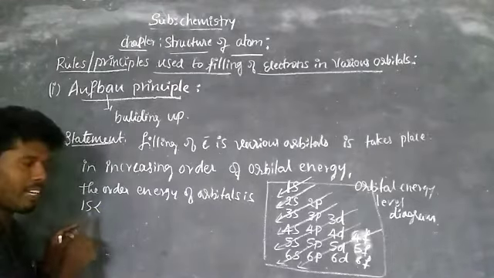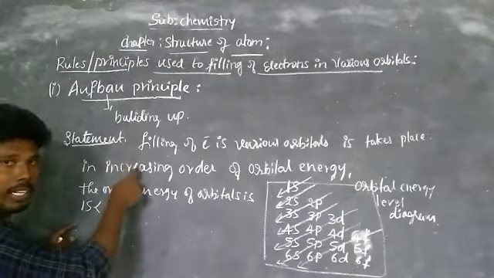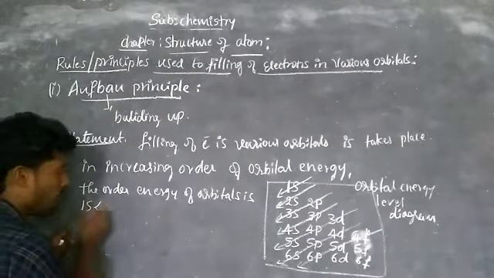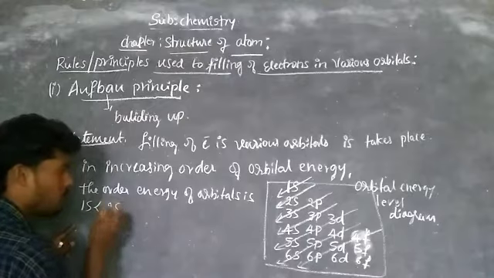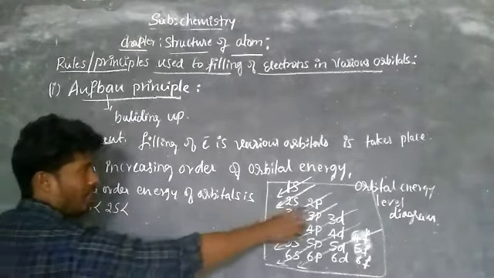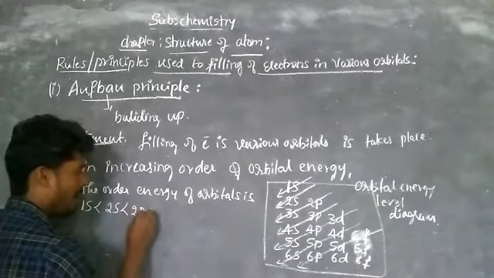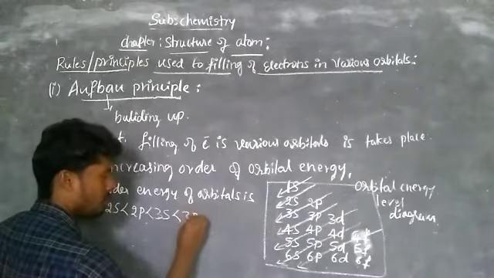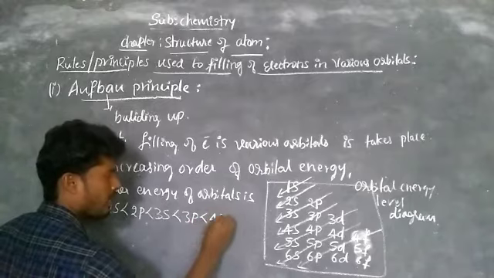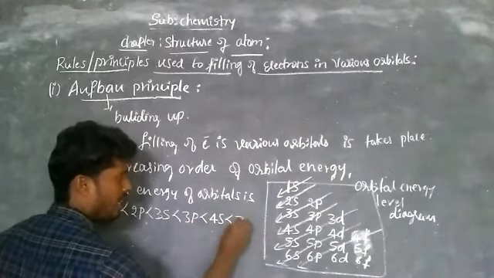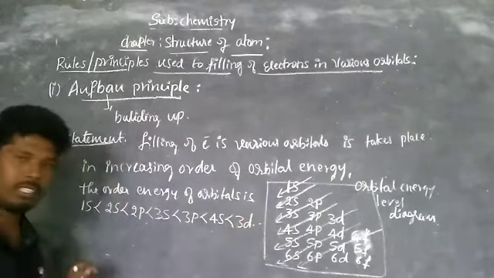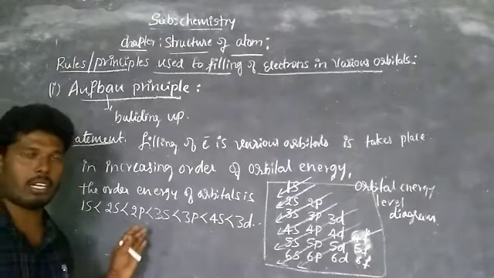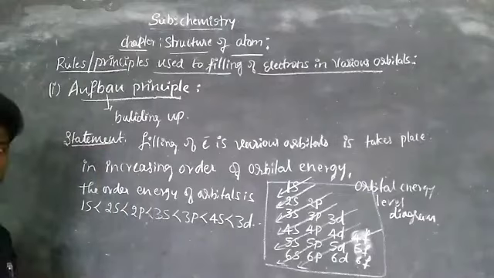The orbital having less energy is filled first, then the orbital having higher energy. That is the statement of the above principle. 1s has less energy than 2s, which has less energy than 2p and 3s, then after 3s comes 3p, then 4s, then after 4s 3d, and so on. This way of filling electrons in orbitals is called the Aufbau principle.